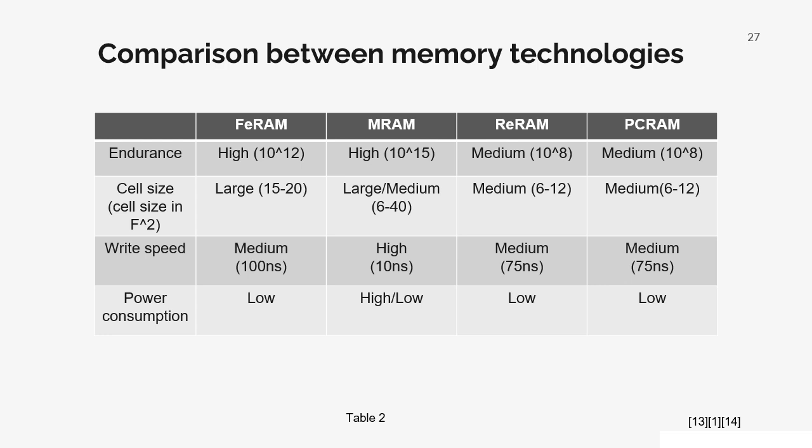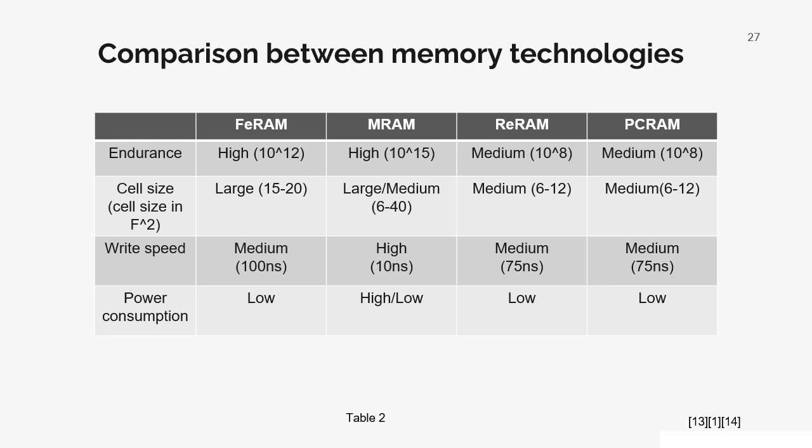But in resistive RAM and PC RAM it is typically at a medium level, and the cell size is comparatively large among them. For FRAM it is 50 to 20. In MRAM cell, it varies from 6 to 40, but in resistive RAM it is medium. Also in PC RAM, about 6 to 12.